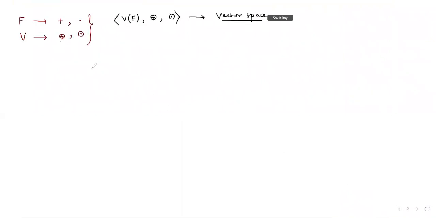Now let's talk about the set of matrices that we denote by m cross n. Previously I only wrote m cross n to denote the set of all matrices of order m cross n.